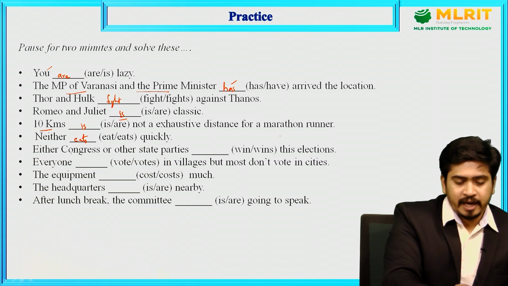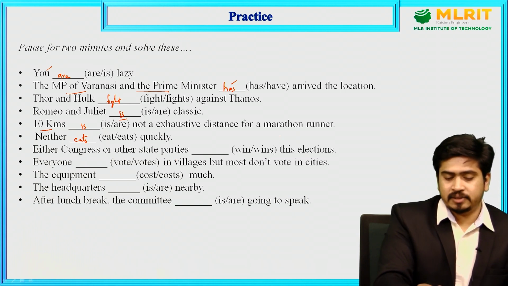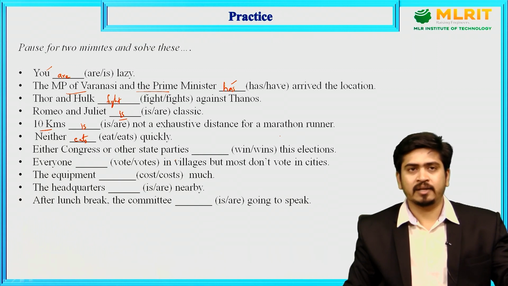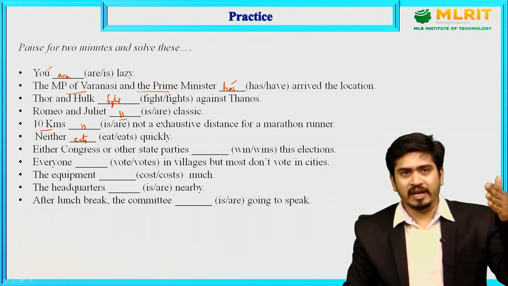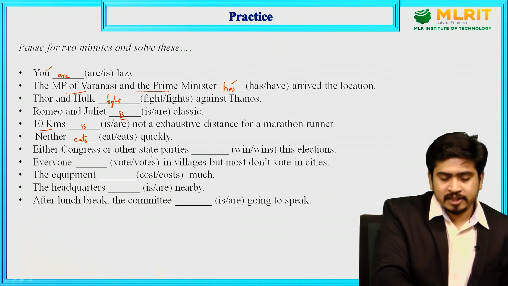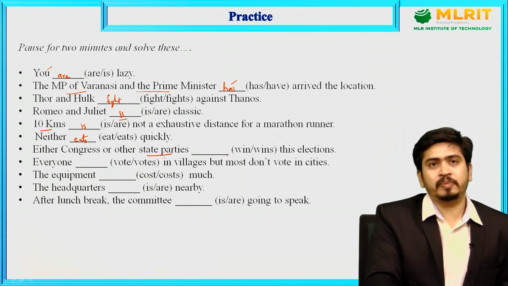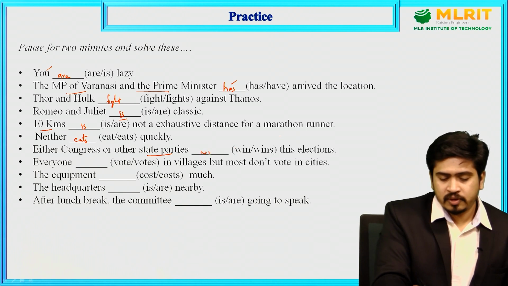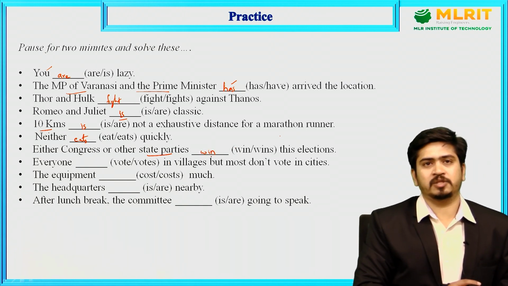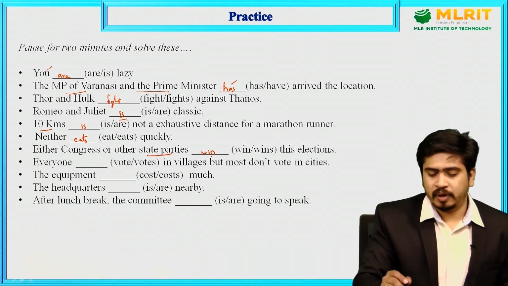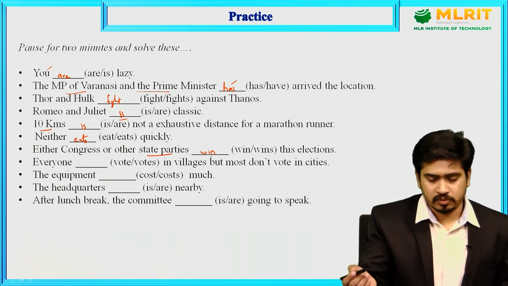Next one, either Congress or other state parties. Now when you have either or, when two nouns are there, the verb agrees with the nearest noun. The nearest noun is state parties. State parties is plural, so the answer should be a plural verb. So win is the answer for this one. Next one, everyone dash in village but most don't vote in cities.